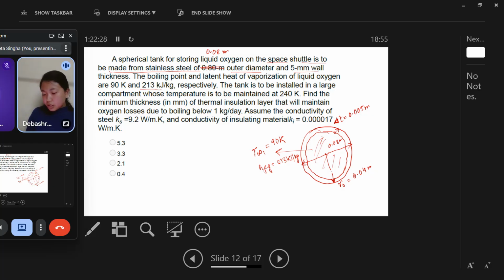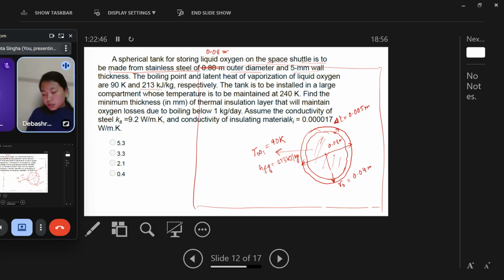The tank is to be installed in a large compartment whose temperature is to be maintained at 240 Kelvin. So you can consider this whole slide as the large compartment, very big compared to the tank.